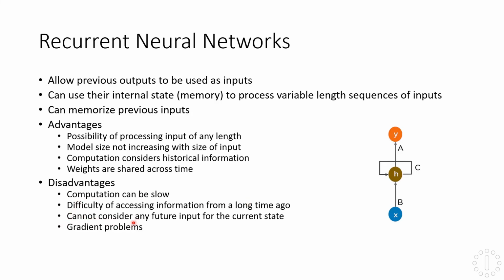This type of network can't consider any future input for the current state, and they have gradient problems during training. That means that during training, the gradient that's used to optimize the weights can become too small and vanish, and the network will stop learning, or the gradient can also explode and get too large, which will lead to poor performance.